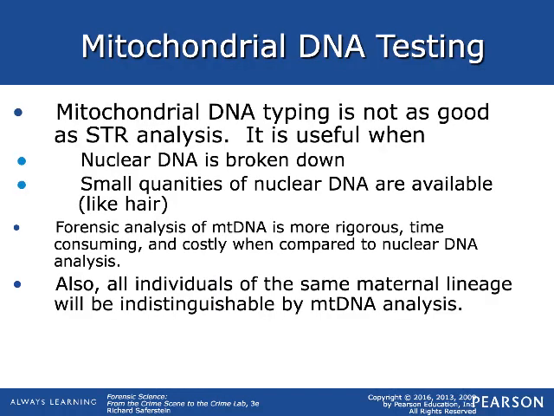Mitochondrial DNA isn't as good as STR analysis from nuclear DNA. However, if there's a burned body or the nuclear DNA is broken down, they can use mitochondrial DNA to try to narrow things down. It's good for hair analysis.